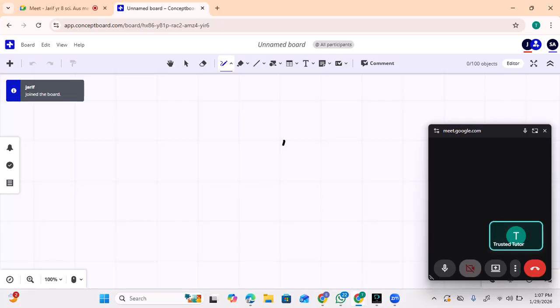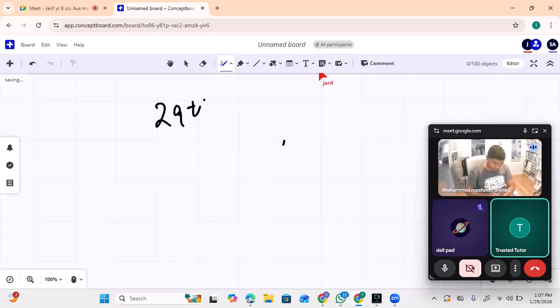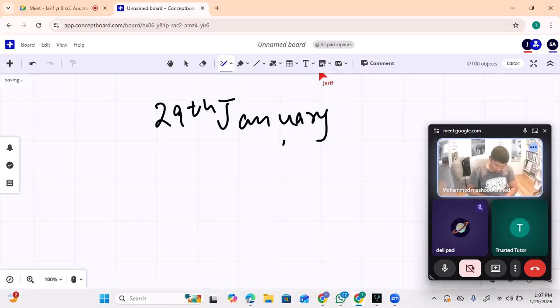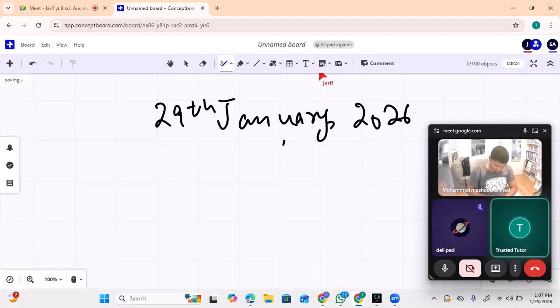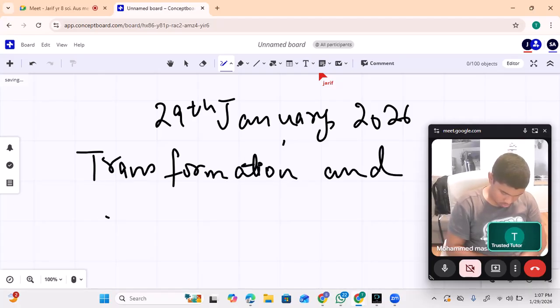Okay. So previously what we discussed, I think today the date is 29th Jan 26. We were doing transformation and its types.